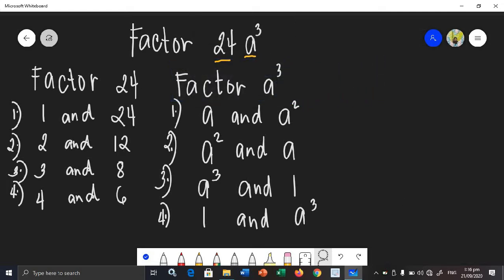I'm going to write the possible factorizations of 24a cube.